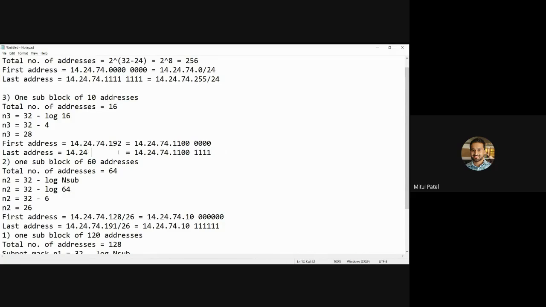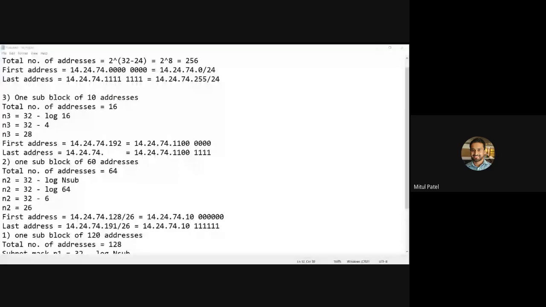So that address will be 14.24.74. What will this value be? 192 plus, just wait a minute.